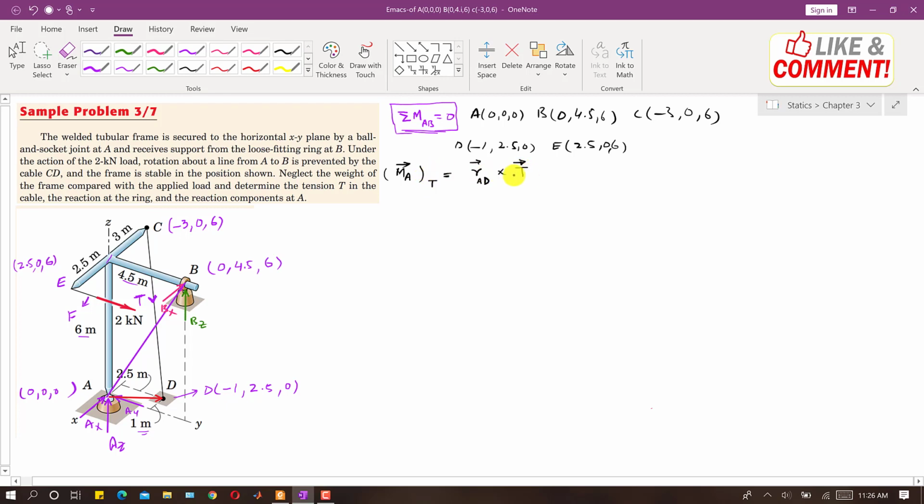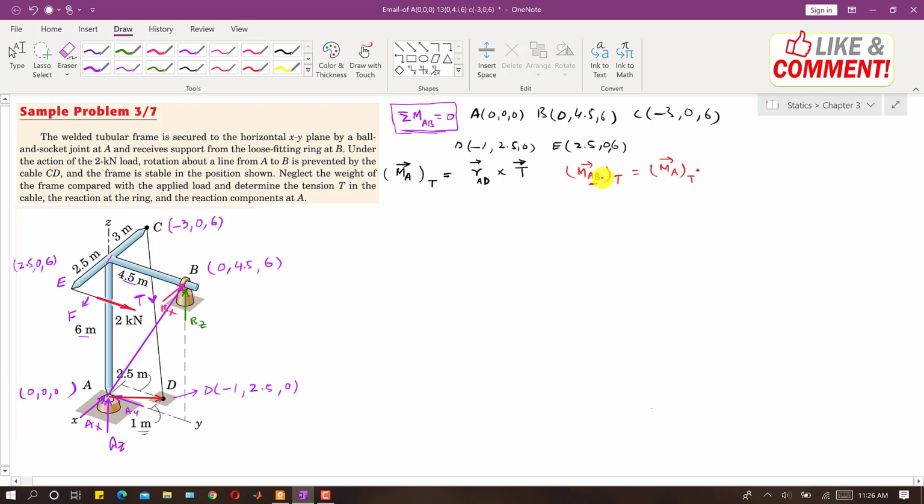Then we know from chapter number 2 that if you want to find the moment along AB due to this tension T, we will find the moment at point A due to this tension, and take the dot product of this moment with the unit vector along that line. Which line? This AB line.